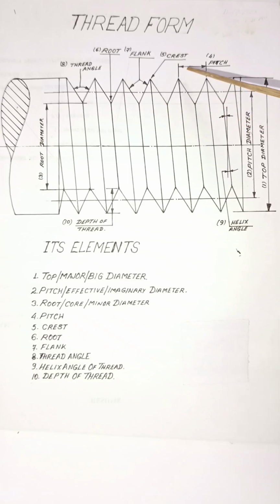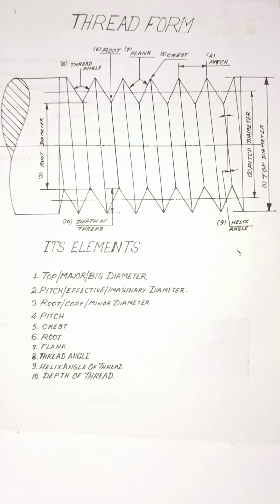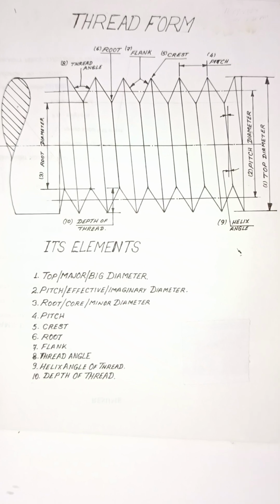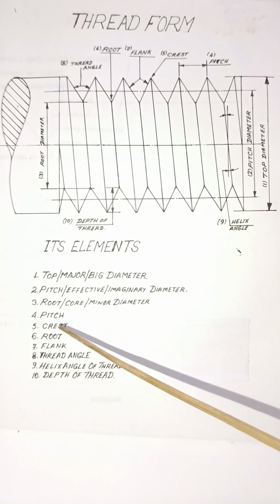Either this or this is called pitch. This is also important. Whenever we cut thread in millimeter thread, we set the pitch of the thread, or in English size, we set TPI, threads per inch. So this is pitch.